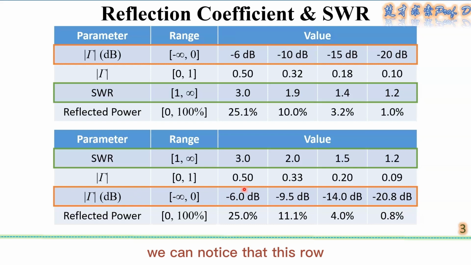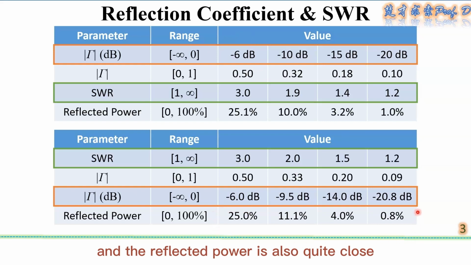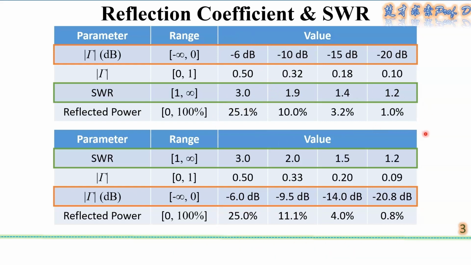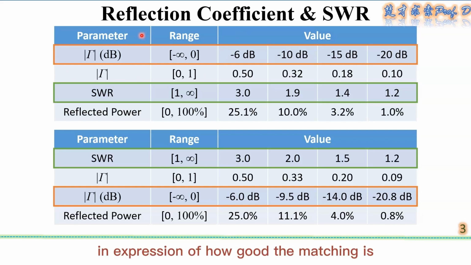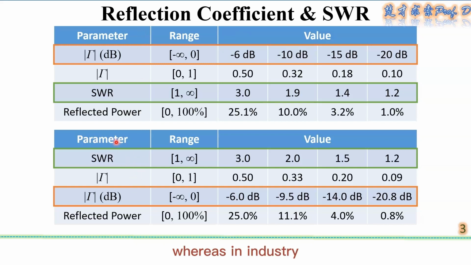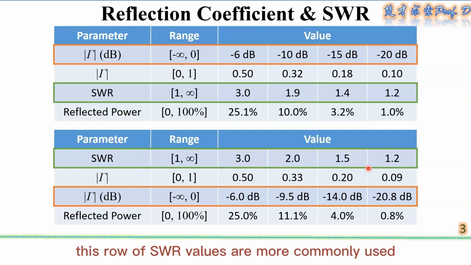We can notice that this row and this row are quite close, and the reflected power is also quite close. In conclusion, this row of gamma values in dB are commonly used in academia in expression of how good the matching is, whereas in industry, this row of SWR values are more commonly used.